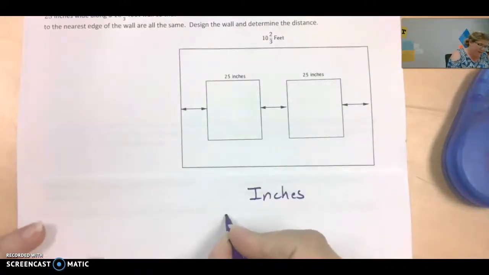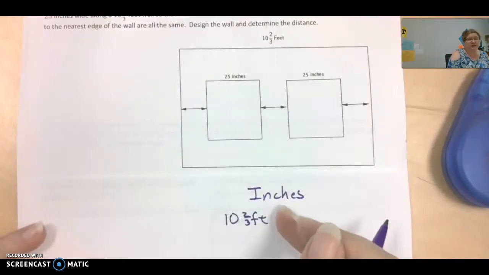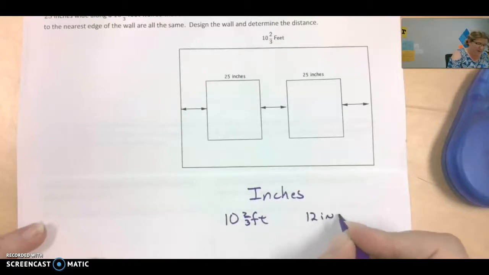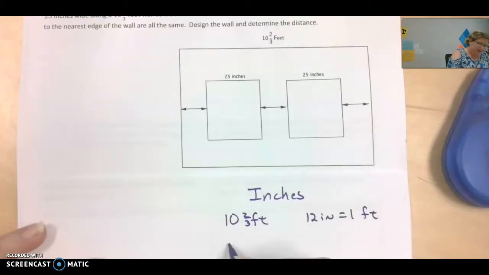So first I've got 10 2/3 feet and I want to convert that to inches. I have to remember that there are 12 inches in 1 foot. So 10 times 12 is 120 inches.